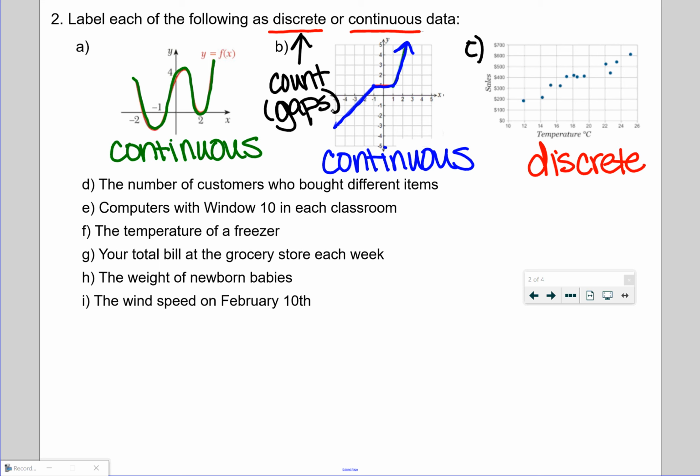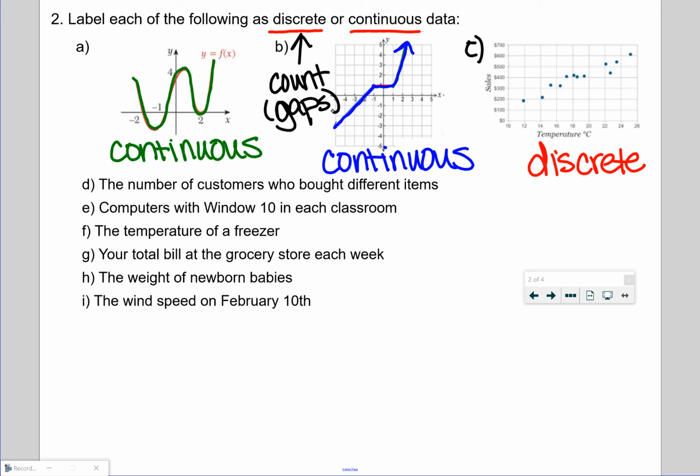We wouldn't have a child that is 3.4682 years old. We would consider that discrete data because there's only a certain set of numbers, our counting numbers, that would represent that information. Continuous data is not something we would count. There would be an infinite number of possibilities to represent the data, and there wouldn't be values between other given values. It would be able to be represented on a graph with a line.